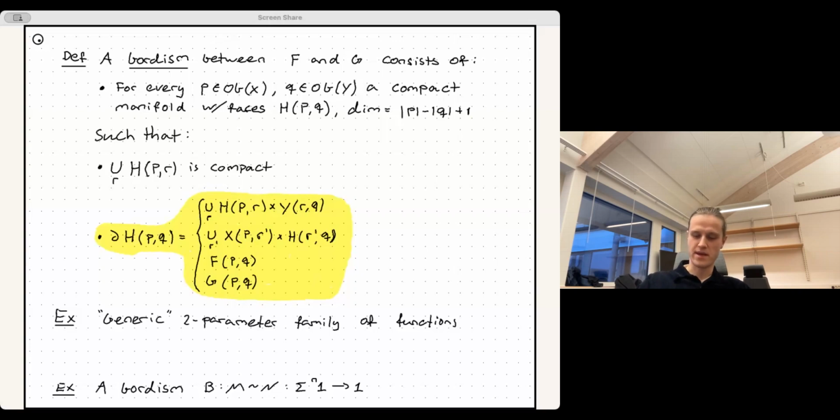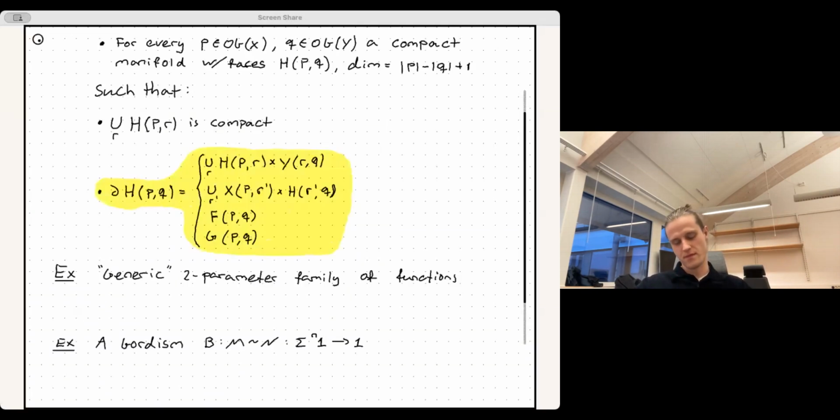This time we have something very similar to the bimodule condition, but we also have two different boundary strata given by F and G, the bimodules we're making a bordism between. So it has dimension one more than a bimodule, and it's literally a bordism between what you would expect.